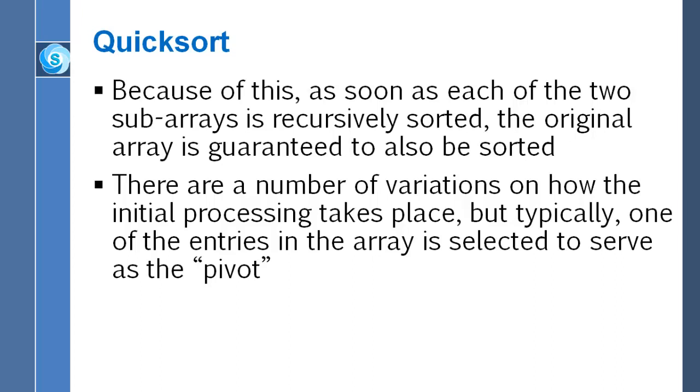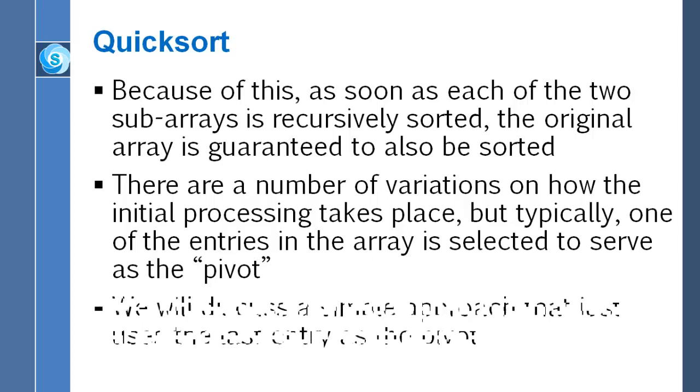There are a number of variations of quicksort, but usually some entry in the array plays the role of a pivot. And then what you do is arrange for all the numbers that are less than or equal to the pivot to occur in the array before all of the entries that are greater than the pivot.